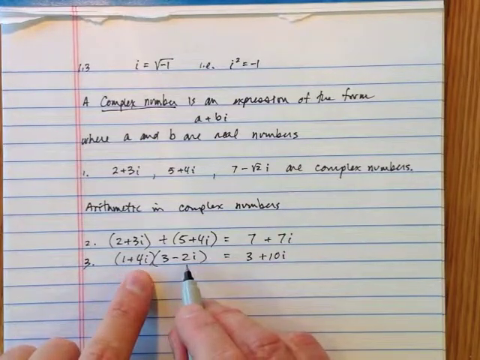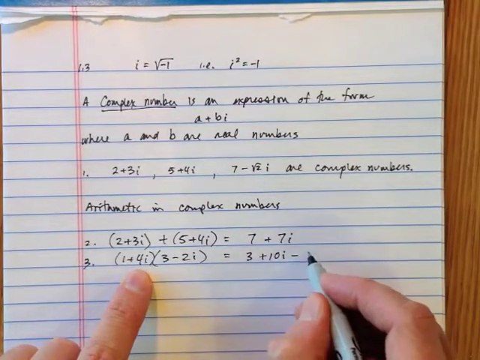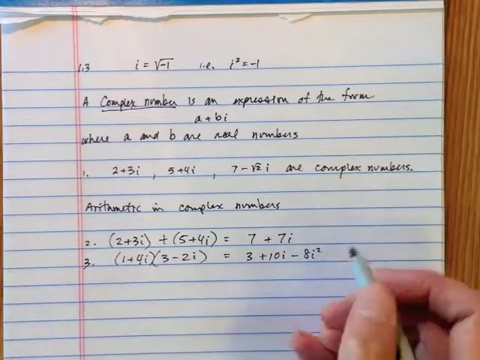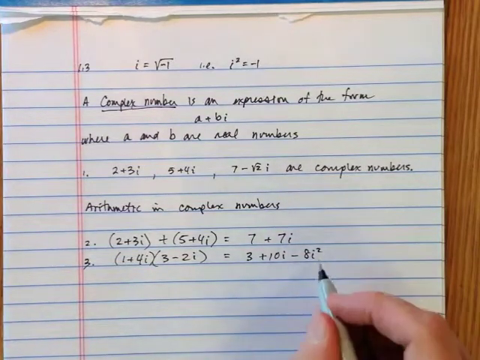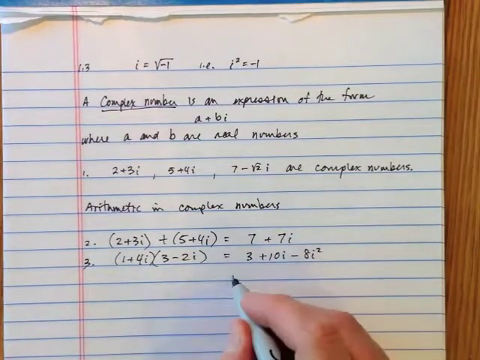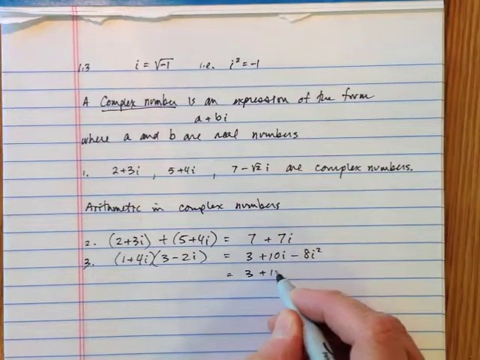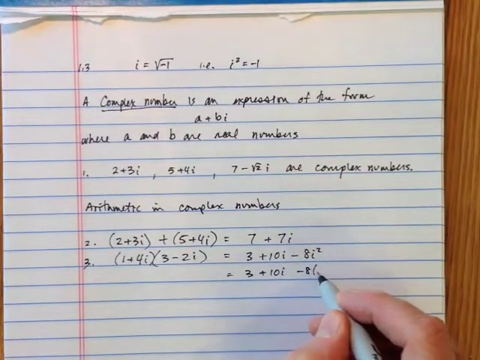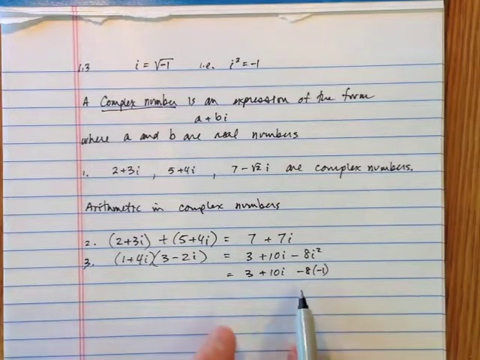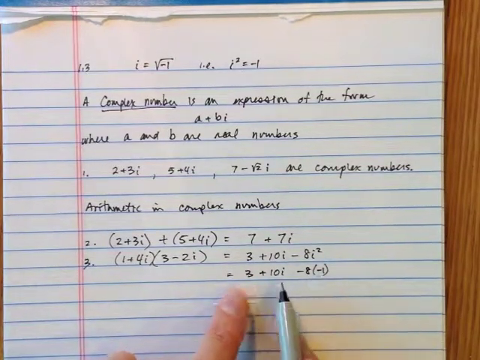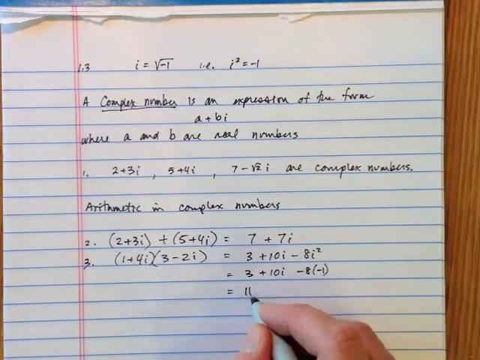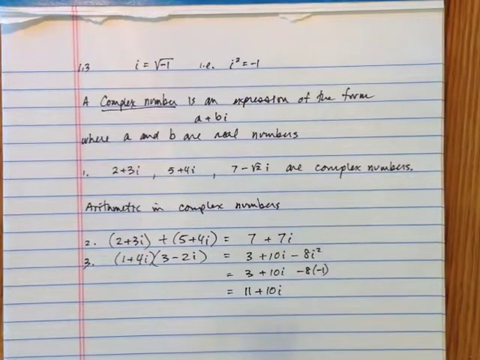And the last term gives me minus 4 times 2 is 8, i squared. But i squared is negative 1. So that's 3 plus 10i minus 8 times negative 1. That's 3 plus 8 plus 10i. That's 11 plus 10i. Right?